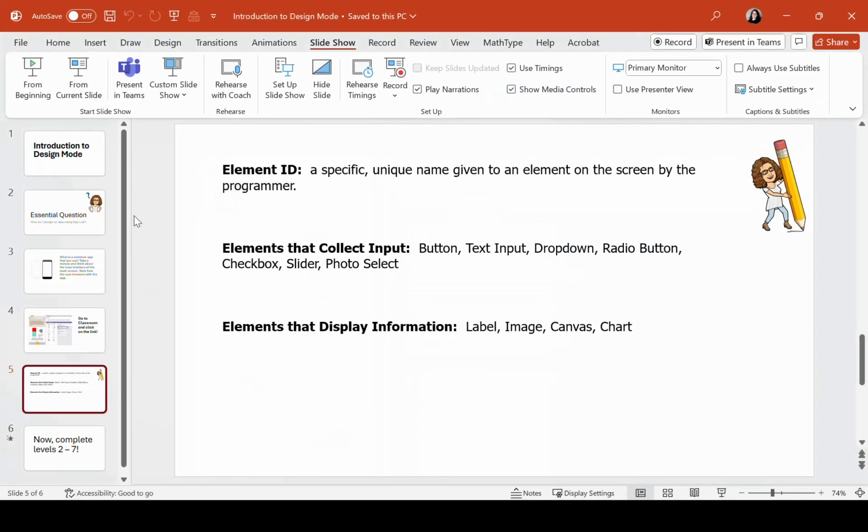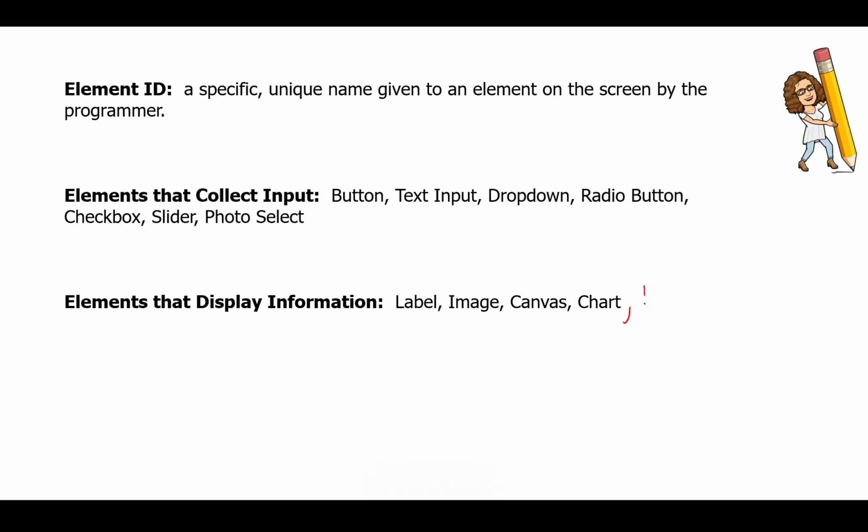Text area. I would add text area to that display information, oops, sorry guys, can't write very well today. That's when you have a lot of information to display for the user. So that is all information that needs to go into your notes, these 3 bits of information.